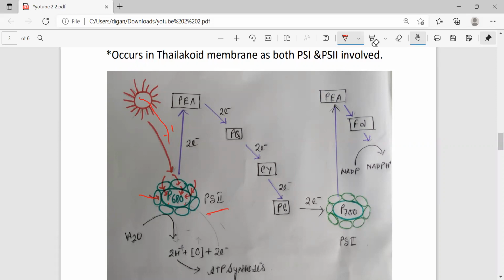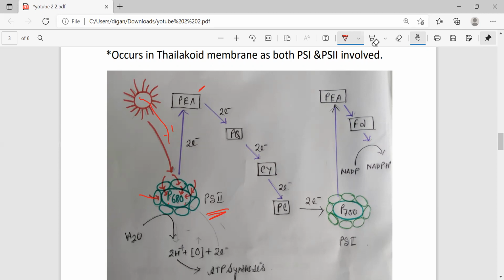Then the chlorophyll A becomes excited, releasing a pair of electrons that is accepted by a primary electron acceptor.